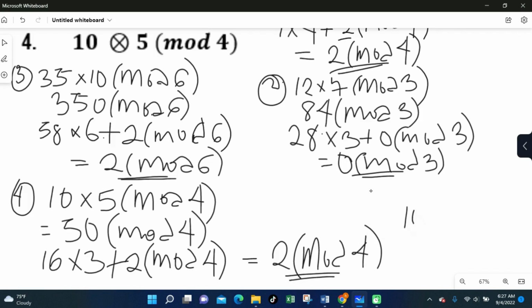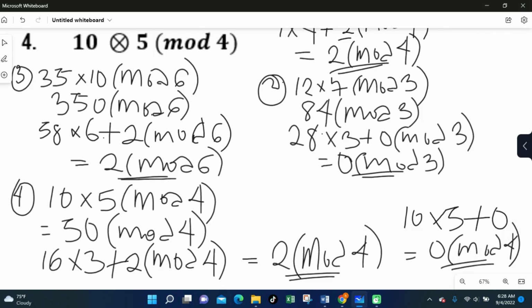Those who use 10 times 5 plus 0 will also arrive at 0 mod 4, which is also a solution to that question. So whichever mod you take, you are going to find a solution to your question.